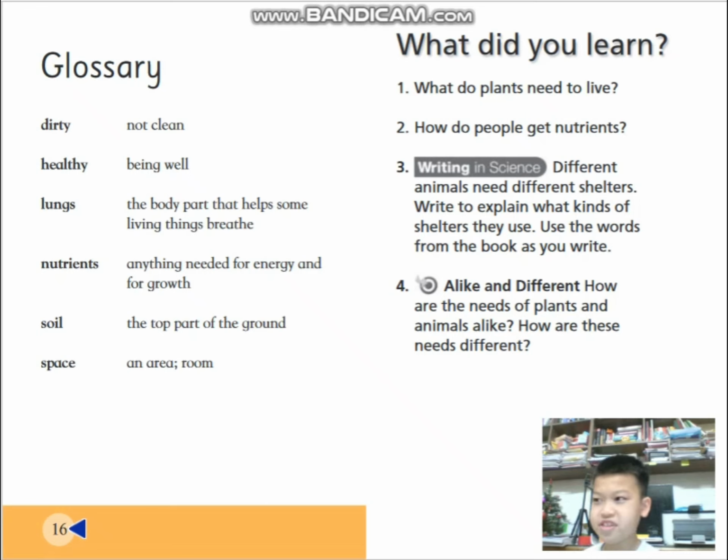But they are different because plants also need sunlight, but animals don't.